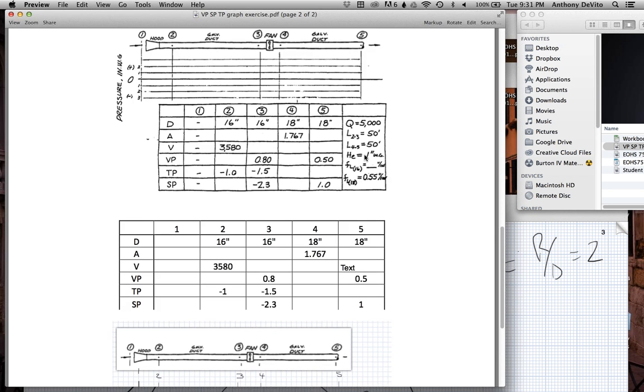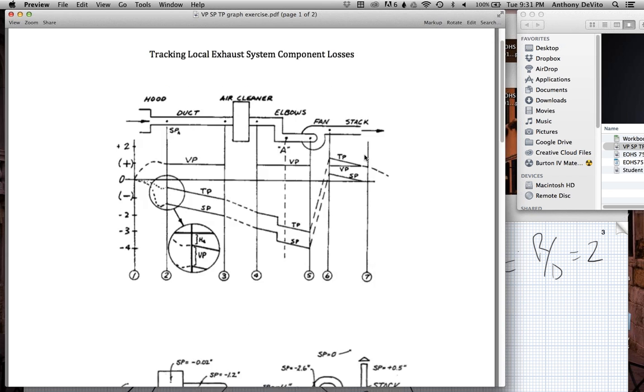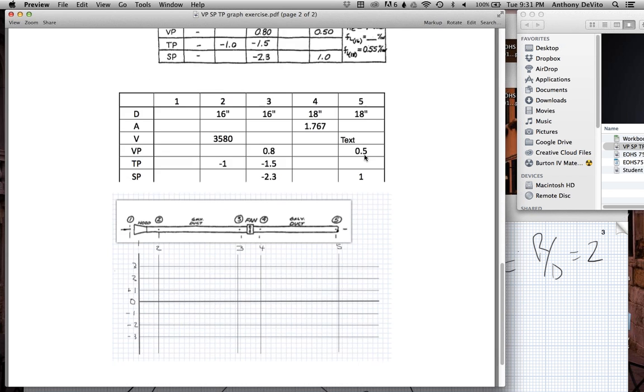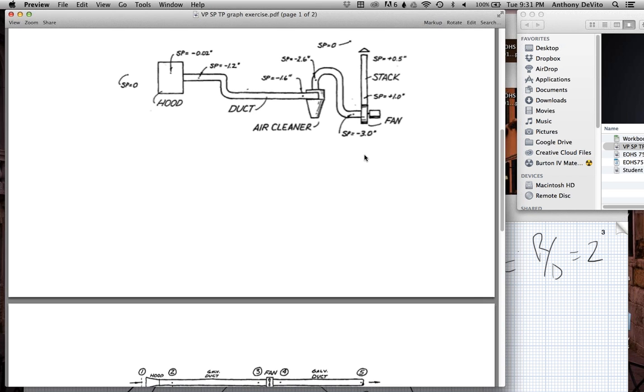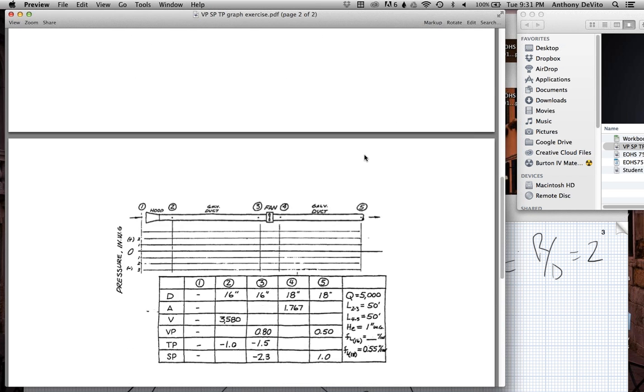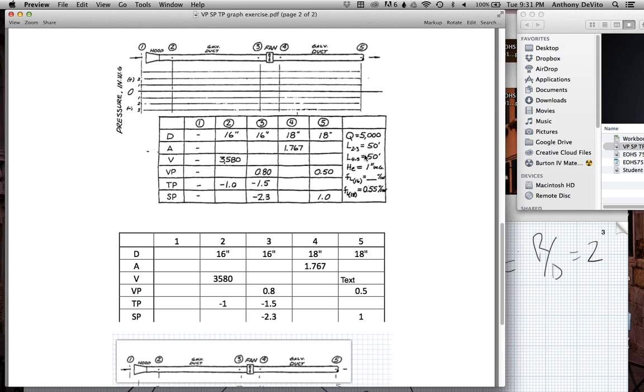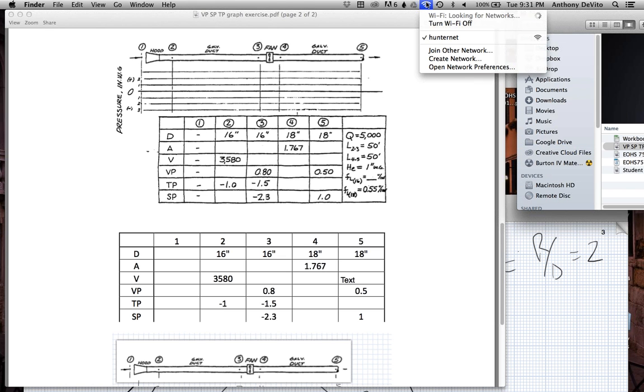Okay, so if I go down here, I'm frozen on that screen. So if you look at your second page, what you see is a simplified version of this ductwork. Yeah, I'm just not getting it back.